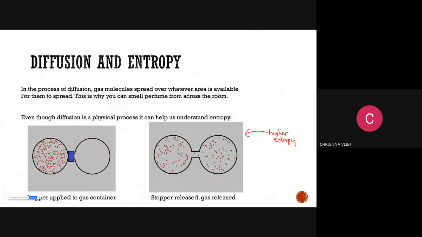So the lower the volume, the greater the pressure, the lower the entropy, right? If we were to increase the volume, we have more arrangements that can occur. That's the idea. And so higher entropy will occur at a greater volume, lower pressure.